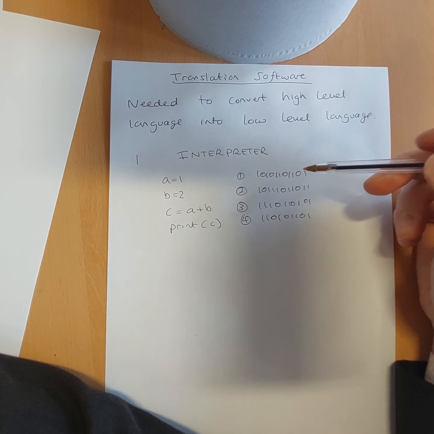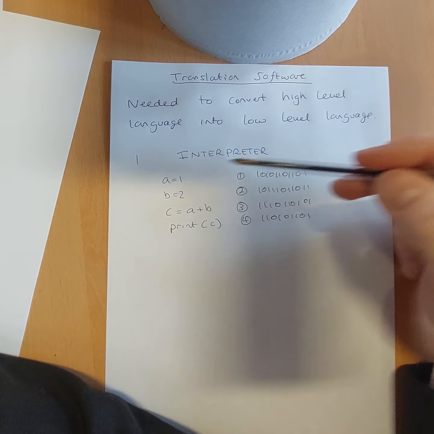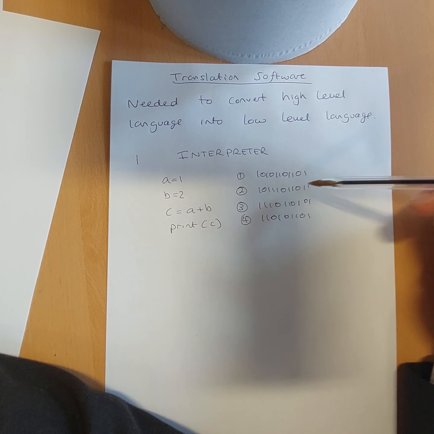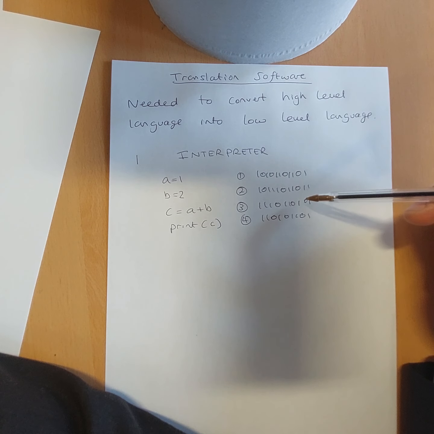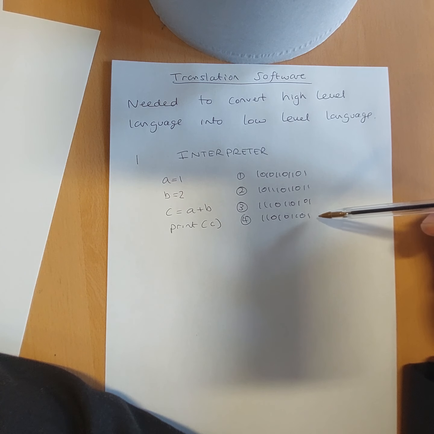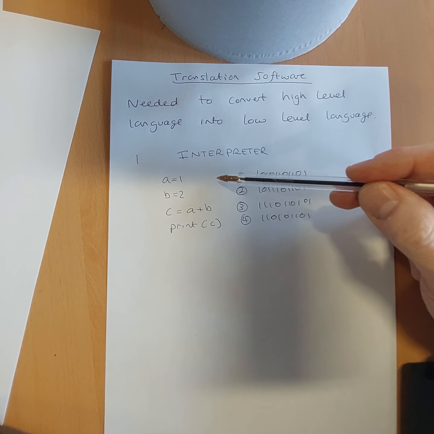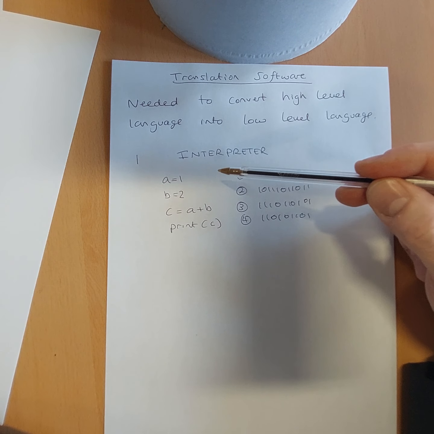It'll execute that statement. So we convert a equals 1 into machine code, we then execute that line. Convert b equals 2 into machine code, execute that line. Then we add a plus b and store them in the variable c, and then we print the answer to the screen. So an interpreter takes each line of your high level language in turn, converts it into machine code and runs it.